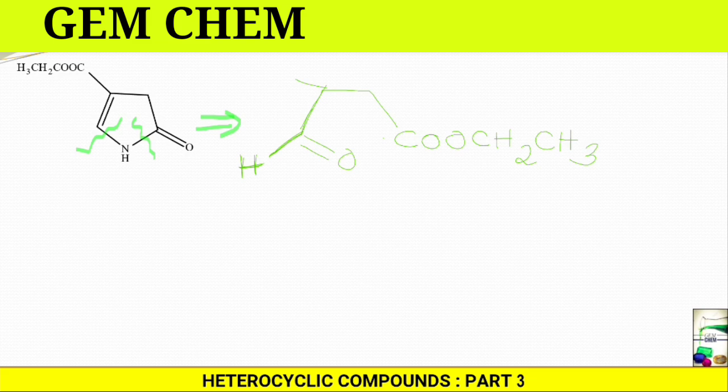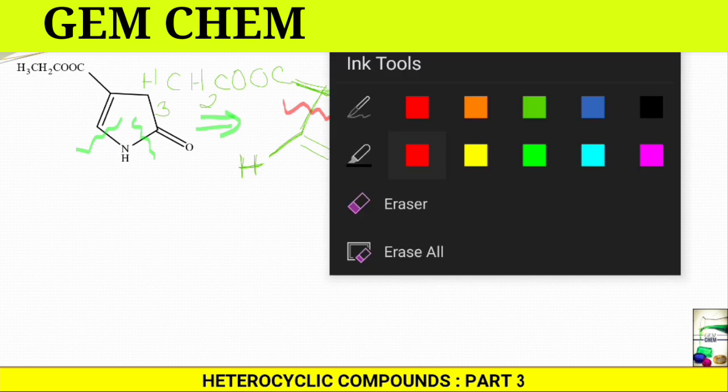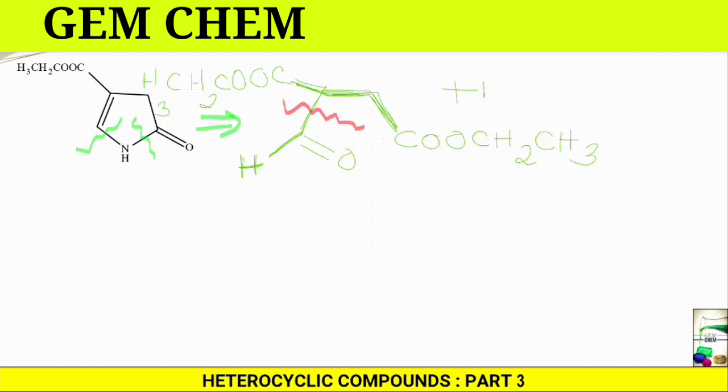This part will remain the same, COOCH2CH3, and here we are going to have the same number of hydrogens as present. Now since this part is one of the synthons, as you can see here, the disconnection for formation of this part is like this. And another synthon which is present here along with this one is your ammonia for this portion.